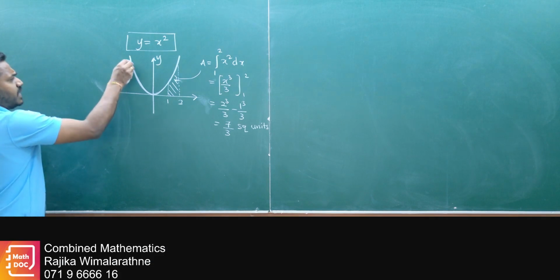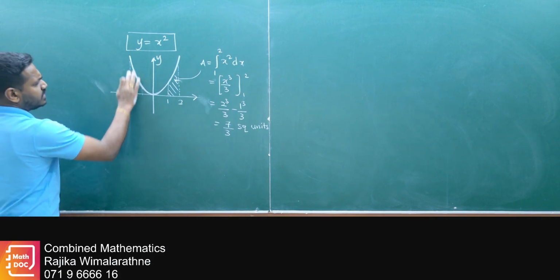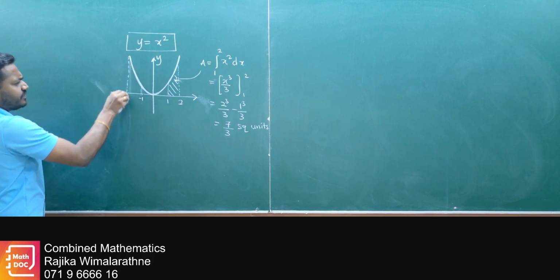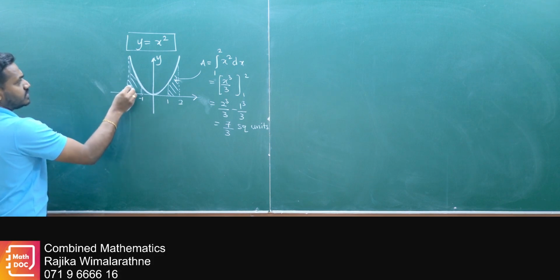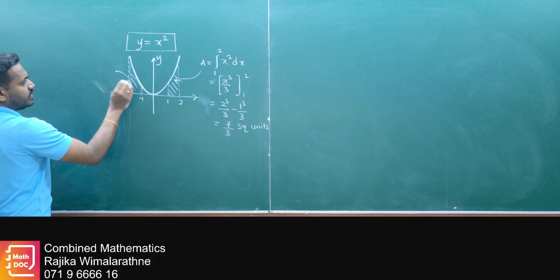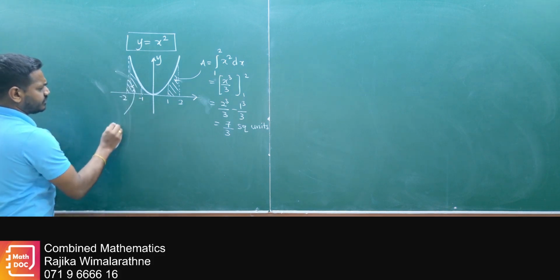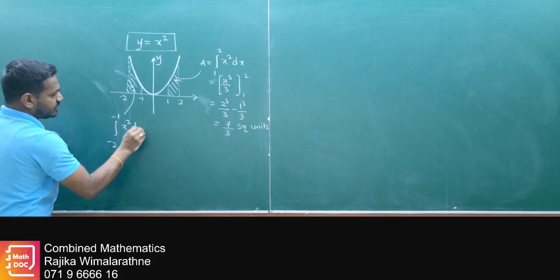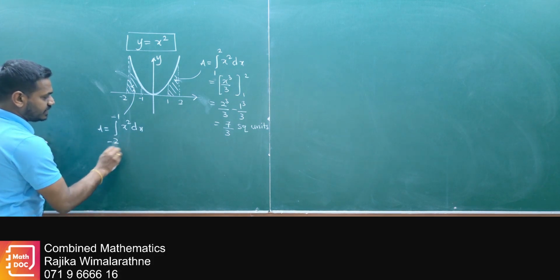Now you take this part, here again 1, minus 1 and minus 2. I'm going to find this area. So let's do this. I'll do the integration from minus 2 to minus 1 of x squared dx.